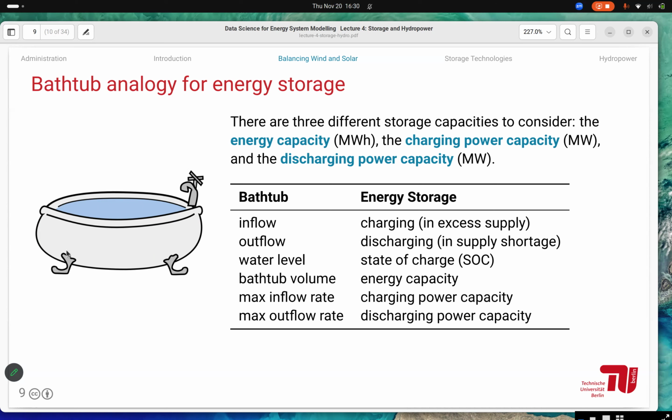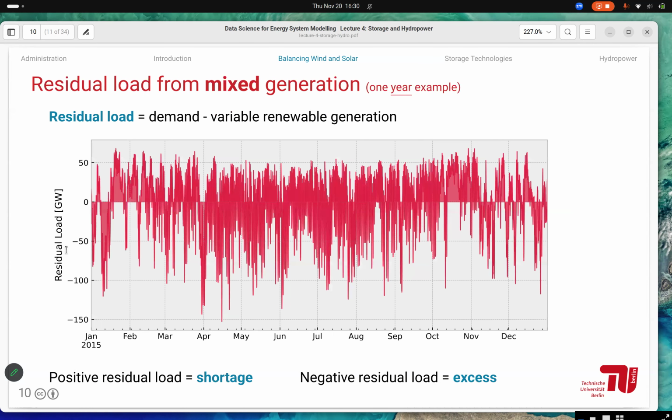For example, it could be something like a water loss in the pipes that go to the bathtub and out of the bathtub. Or if you leave water too long in the bathtub, it evaporates and you have less water level in the bathtub. Okay, but I'll stop with the bathtub analogy now. It's a bit of a constructed example, but maybe it helps some people to understand the idea.